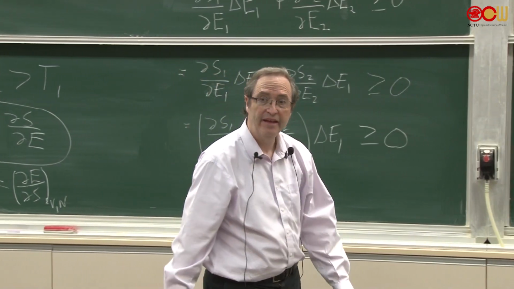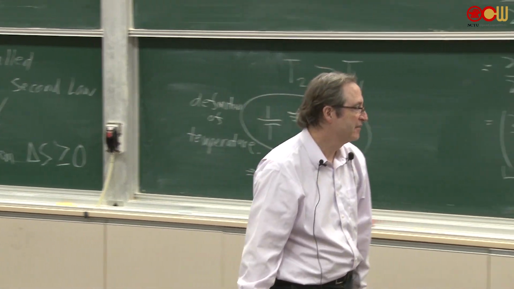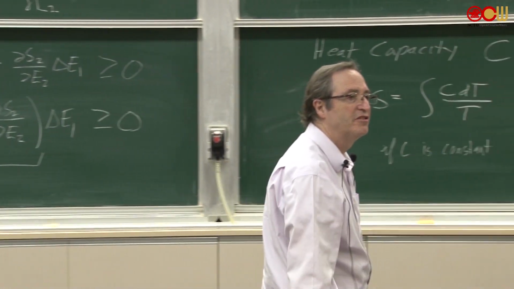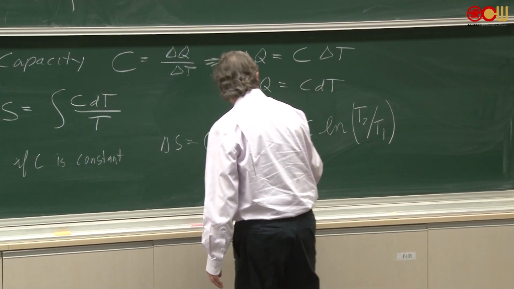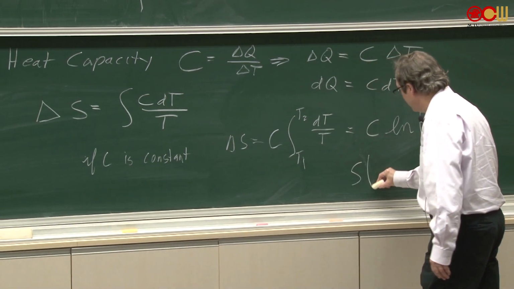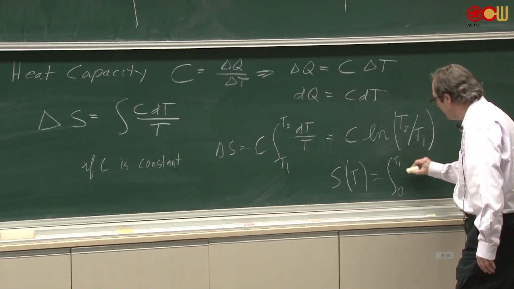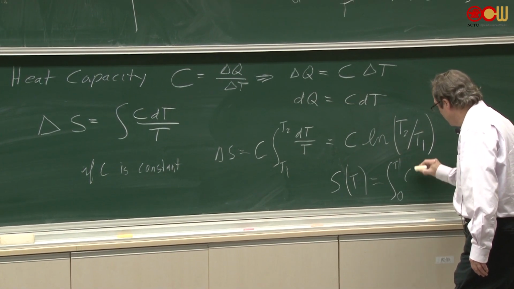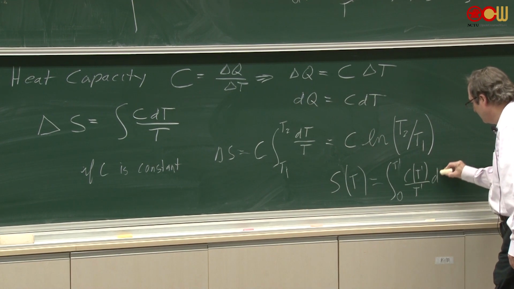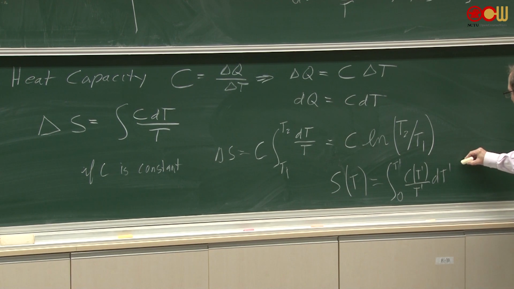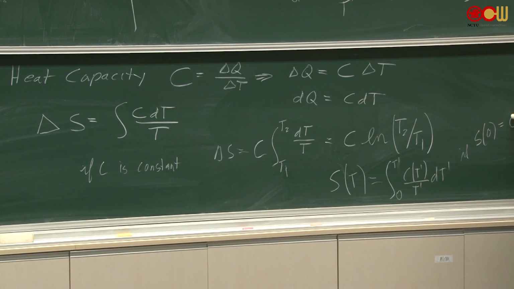Okay, I'm going to do one thing, and that is we can invoke the third law of thermodynamics, which says that the entropy goes to 0 at T equals 0, to write that the actual entropy is equal to the integral from 0 to some T prime of C of T prime over T prime dT prime, if S of 0 equals 0.